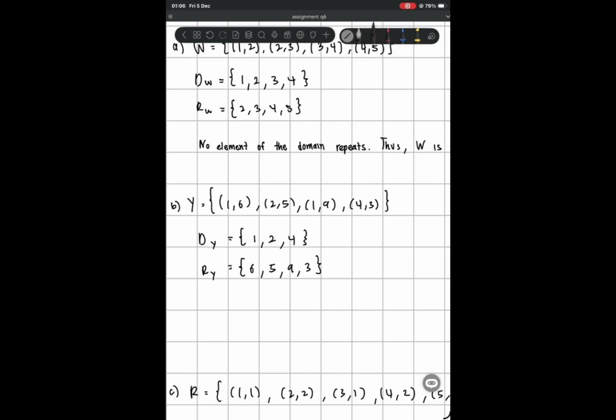From the question, we can see that there is an element that appears twice. That is 1.